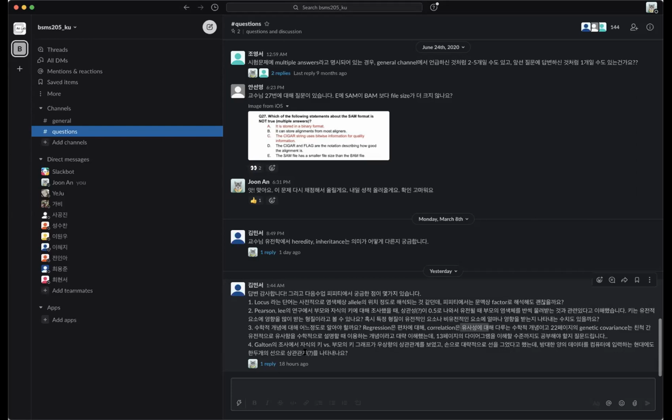But the thing you have to remember is that calculating the similarity is the heritability, and this heritability was studied using familial relationships in the 90s or 2000s. So, 10 years ago, we used families to calculate the heritability. At that time, people summarized the research using Galton's idea.